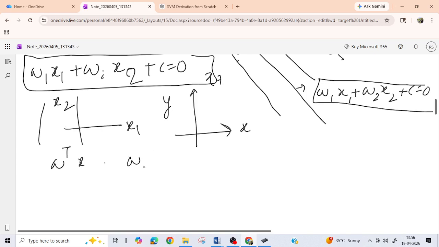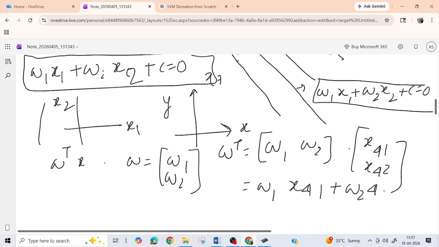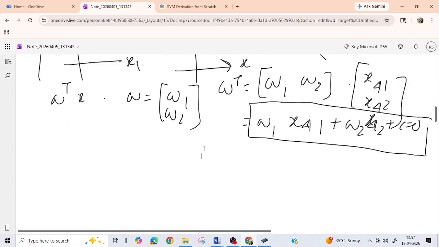Because this vector w is nothing but w1, w2, so w transpose becomes w1 and w2. When you multiply it with x1 and x2, let's say in this case x41 and x42, this becomes w1 x41 plus w2 x42 plus c equal to 0. So this was the entire point of taking w, x1 and x2 like this, and x4, x5, etc.